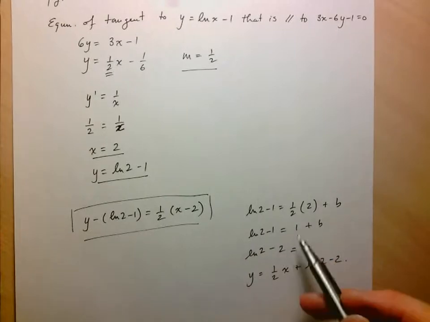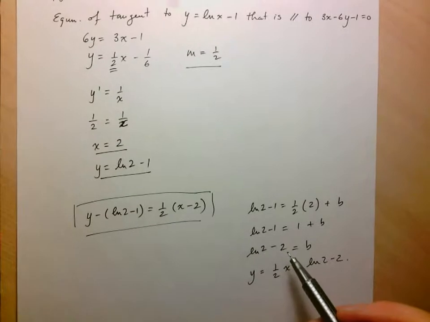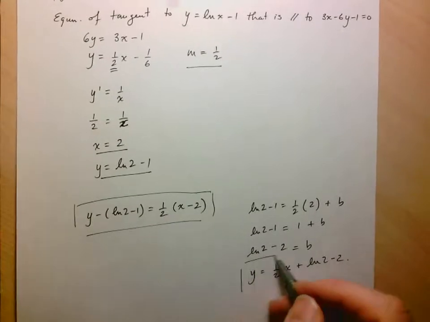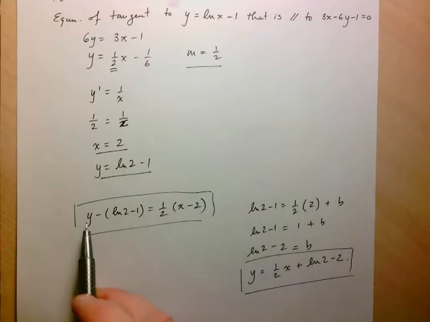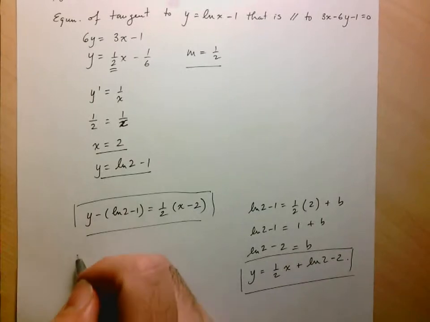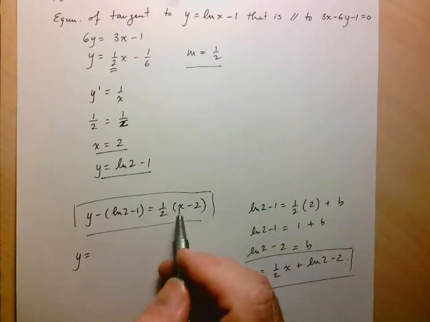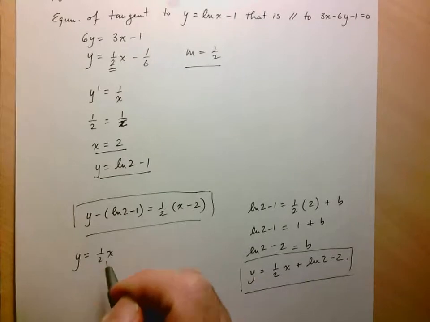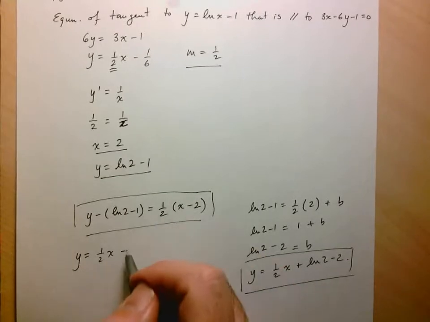You notice here significantly more steps to write out, but we should show that these two things are equivalent. So let me solve for y here. We've got y equals, well, this becomes 1/2 x minus 1.